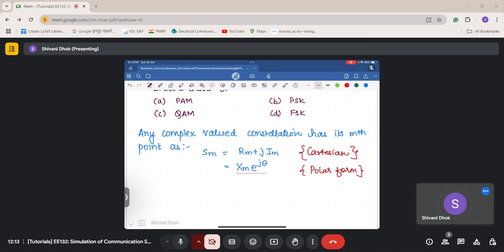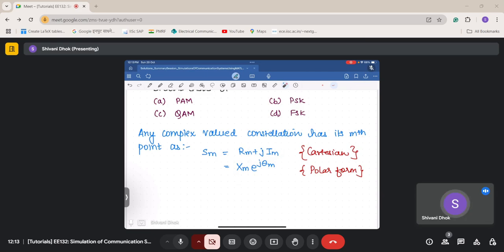Now for a complex valued constellation, you have a freedom of manipulating both of them, like Rm and Im in Cartesian coordinates, or in your polar form, either you modify its magnitude or you modify its angle or phase.